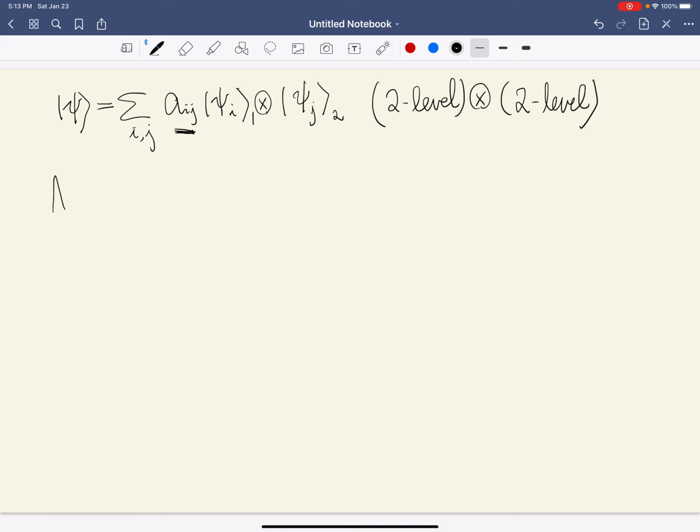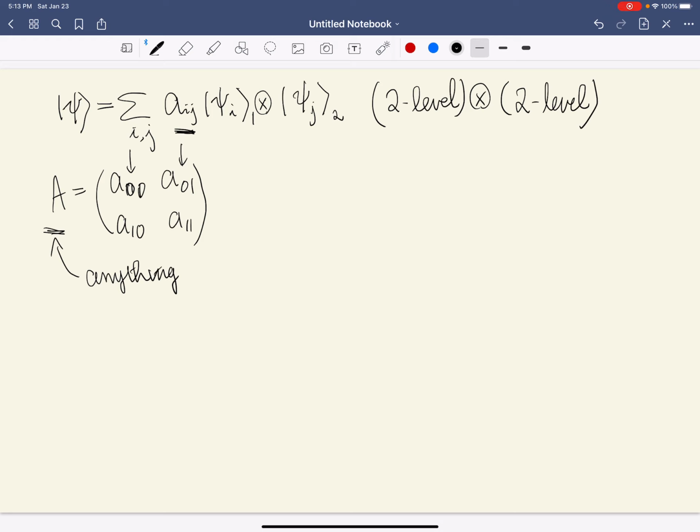So altogether, these coefficients form a matrix A00, A01, A10, A11. Okay? And this matrix can be anything. It does not have to be Hermitian. And all these coefficients can be some arbitrary complex number with no relations between them.